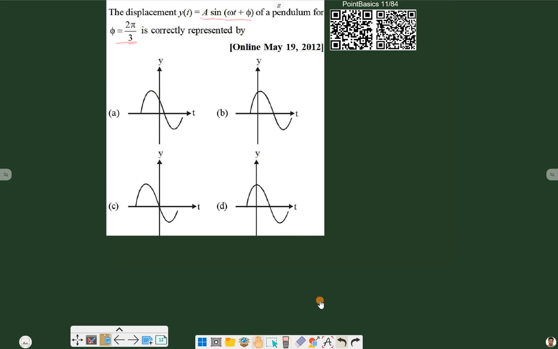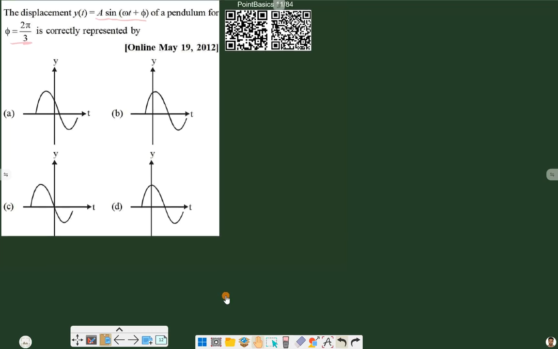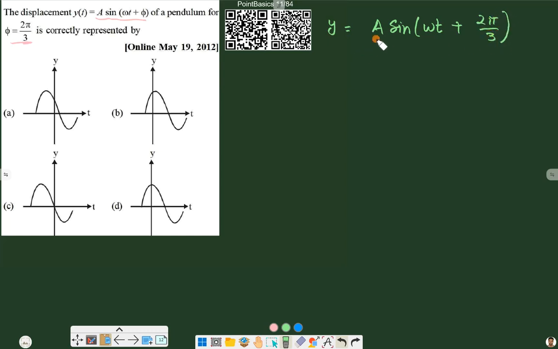So for that, we will just have to solve this equation for various cases and then we will find the answer. So y is given as a sine omega t plus phase 2 pi by 3, where a is the maximum possible amplitude.